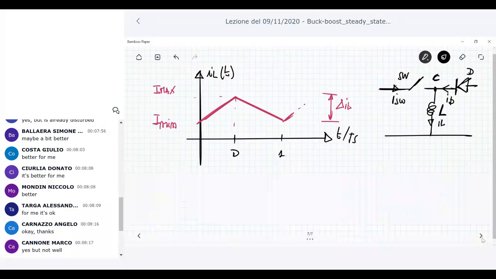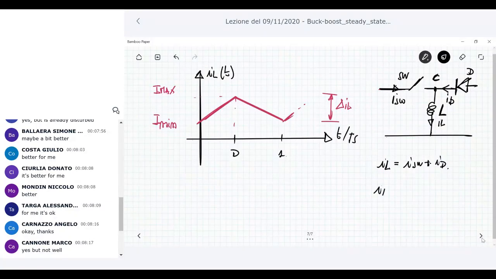So the Kirchhoff current law says that the inductor current is equal to the switch current plus the diode current. The same Kirchhoff current law can be applied to the average values of these currents.